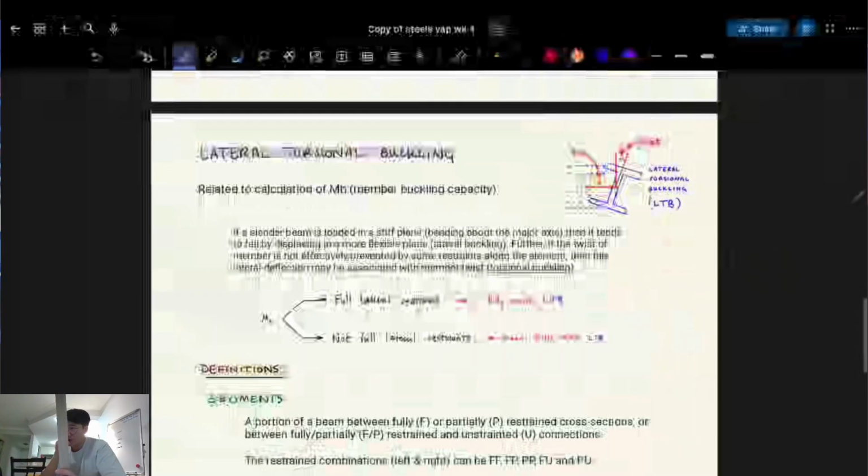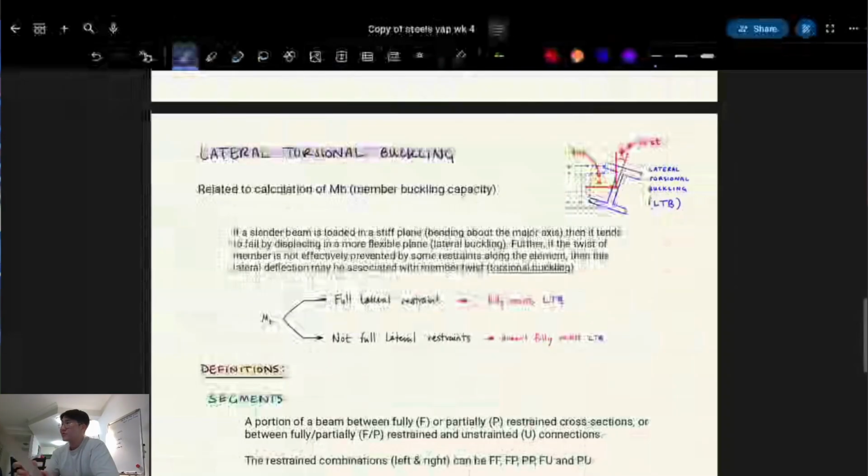Now there's a similar concept for bending. I can restrain this action, the racking. But where do I need to restrain it? Before I could just restrain in the middle and it makes sense.